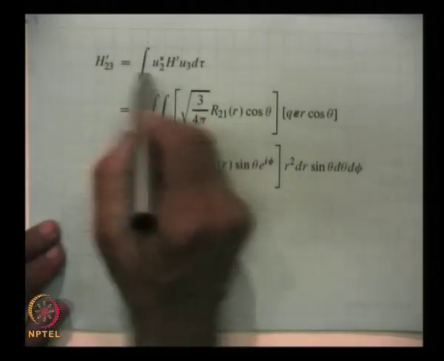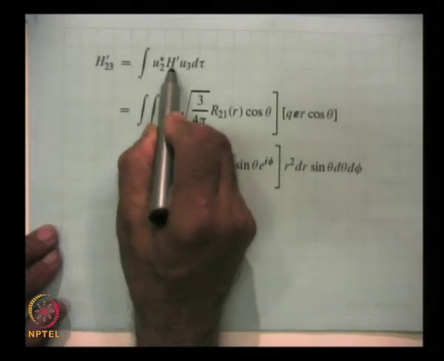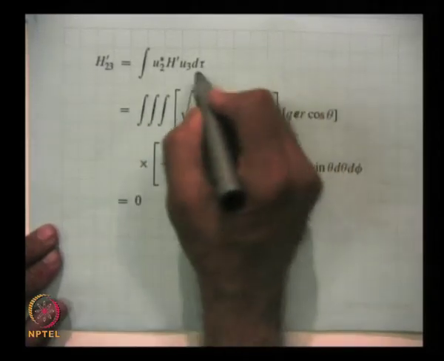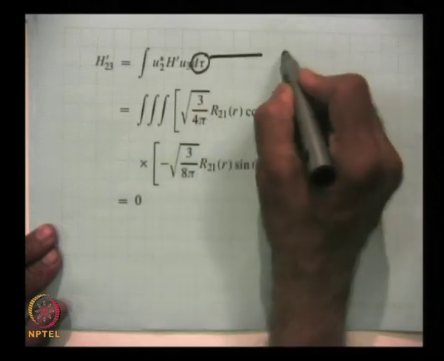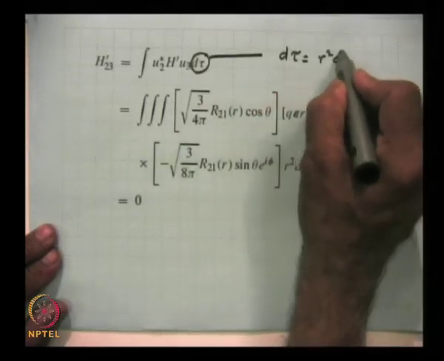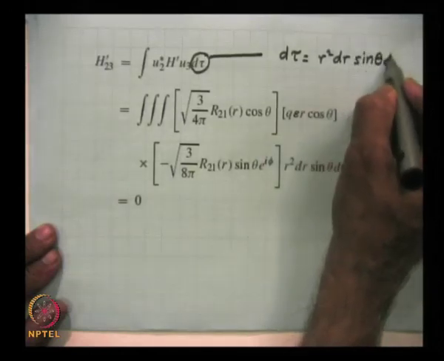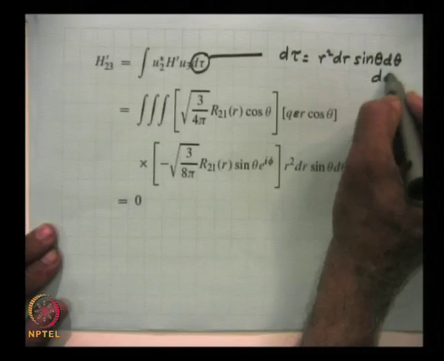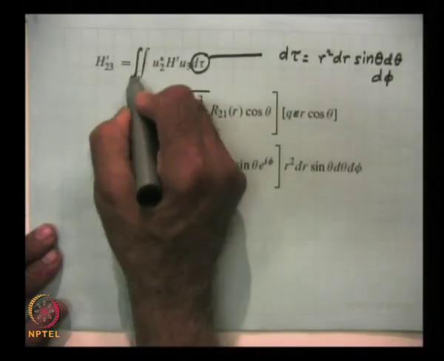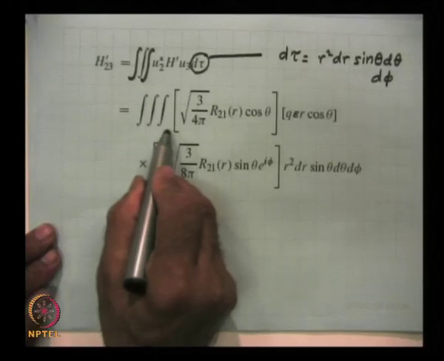So, h prime 2 3 is the integral of u2 star h prime u3 d tau, and what is d tau? This d tau is r square dr sin theta d theta d phi, and this is actually a triple integral, as I have shown here.